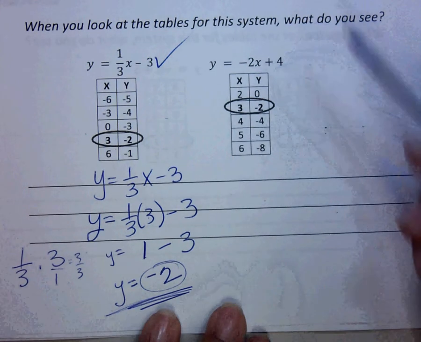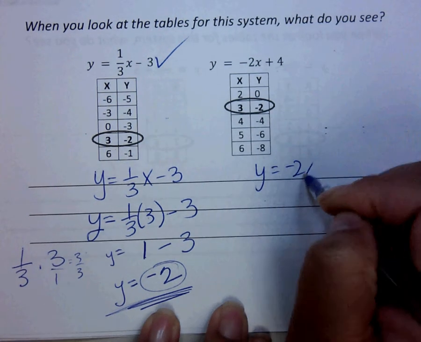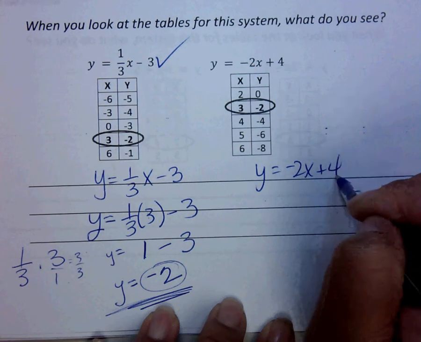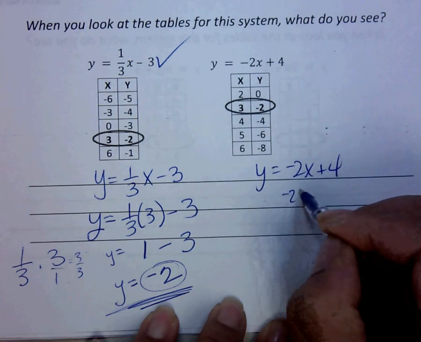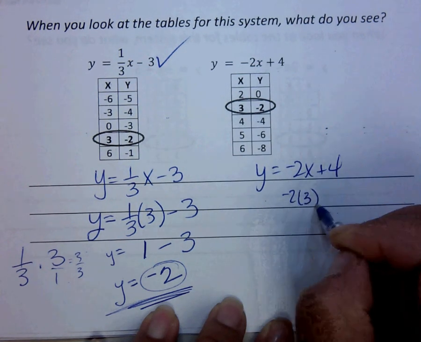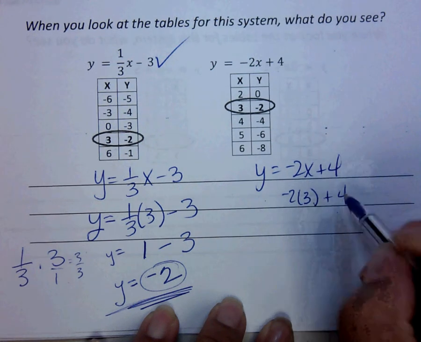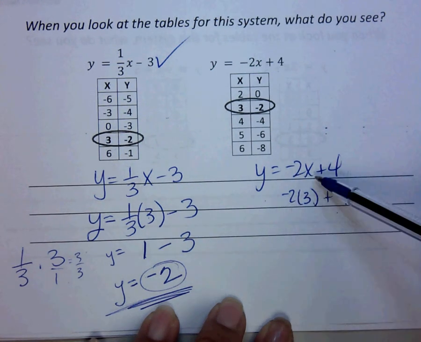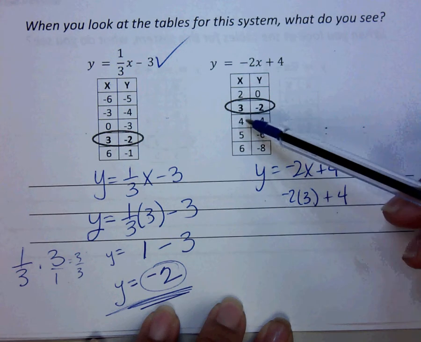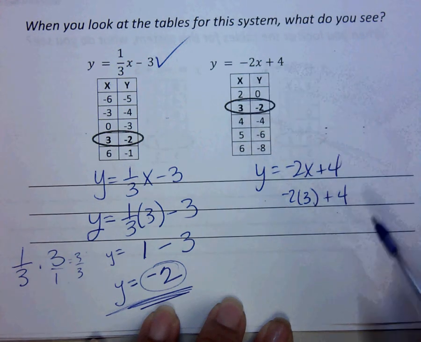Let's do the same thing over here. y equals -2x plus 4, and I plug in my x, -2 times 3 plus 4. So I brought down my -2, I plugged in my 3 because that's x, and I did plus 4.